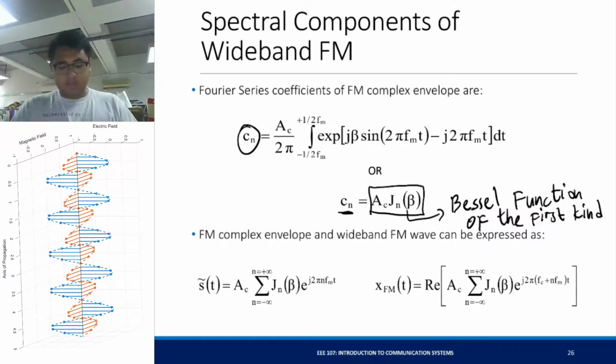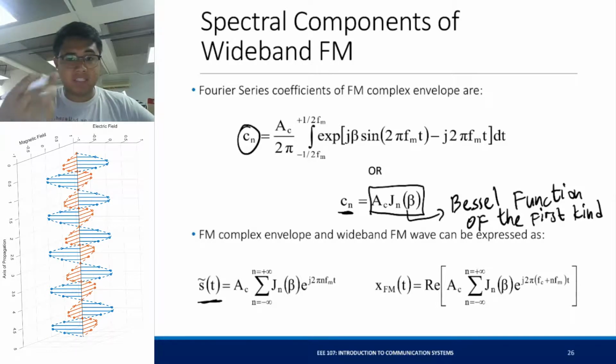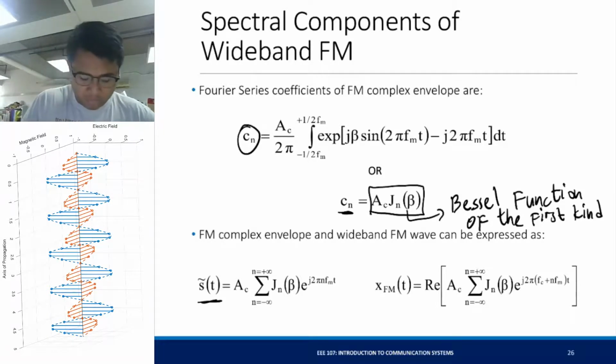Okay. So it's an nth order Bessel function of the first kind, and we can now express our complex baseband equivalent of the FM wave to be equal to this.